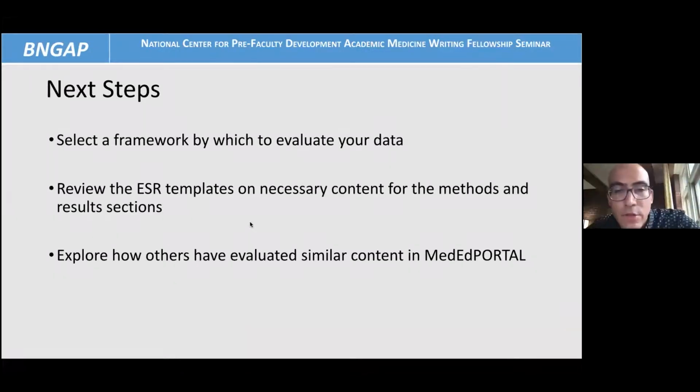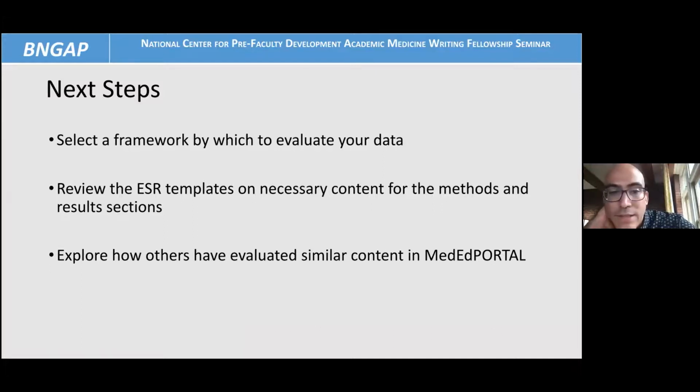All right. So, now that we've gone through different ways in which you could evaluate your projects, some next steps to keep in mind are to select a framework to evaluate your data, whether it be the KSA, the Kirkpatrick pyramid, or some other framework that we did not mention.